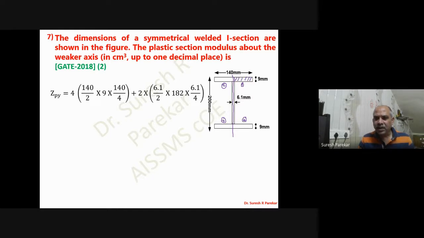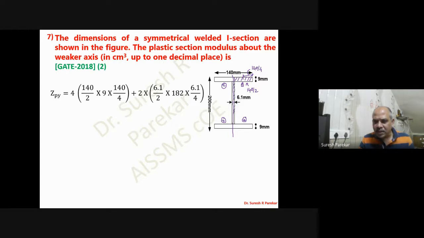Then this distance is 140 by 2, and where will it act? At the centroid of this, and then this comes to 140 by 4. Four times, as I have shown you. Now for the web, this portion is considered.